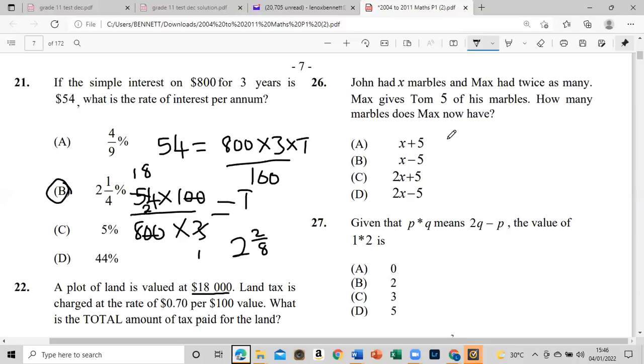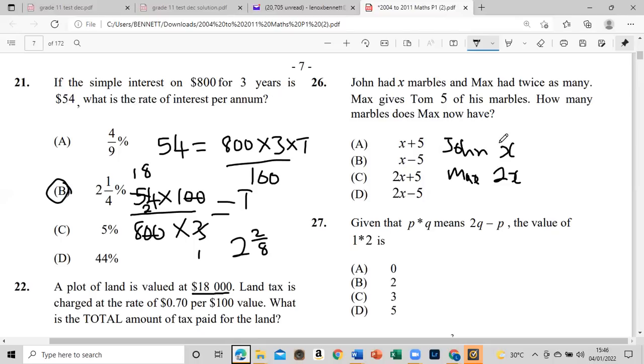Because John has X, so X represent John and Max have 2x. Alright. So now let's see what happens after that.